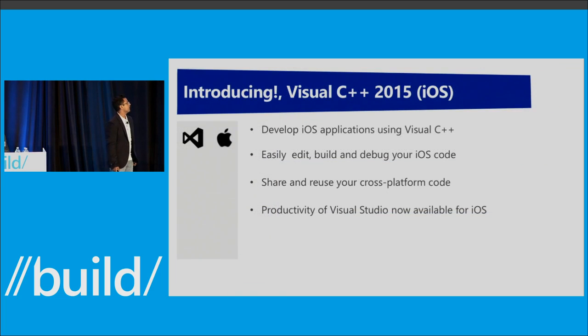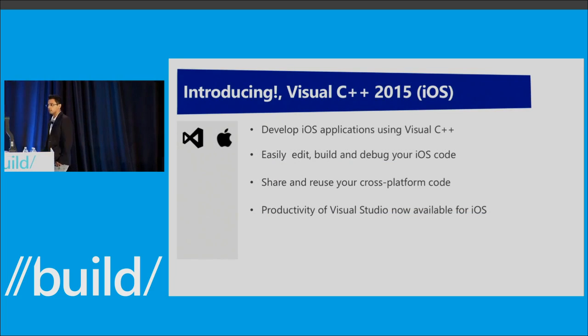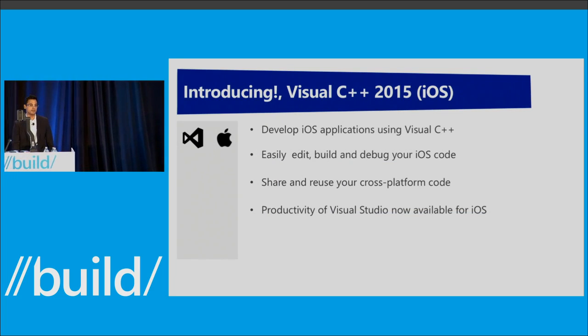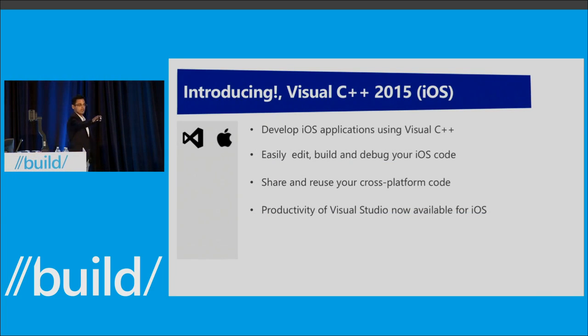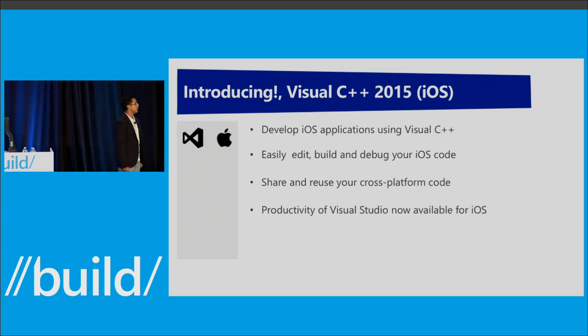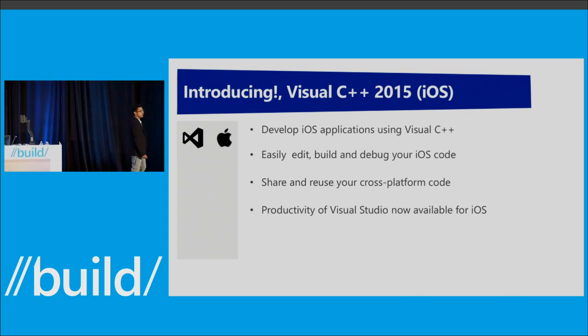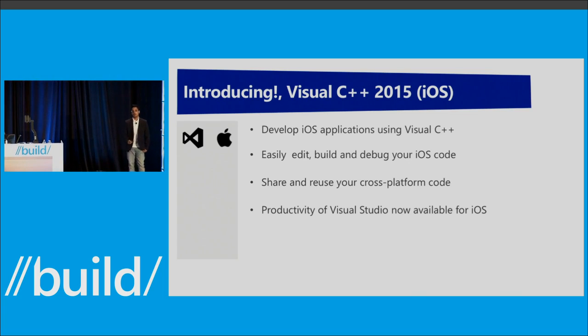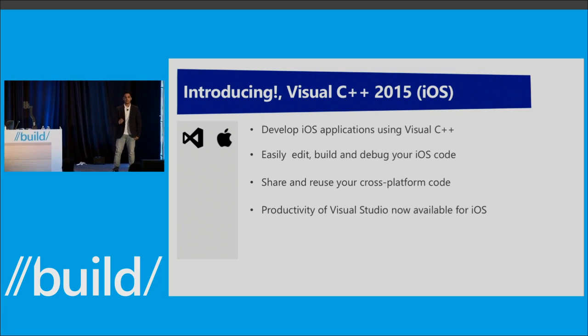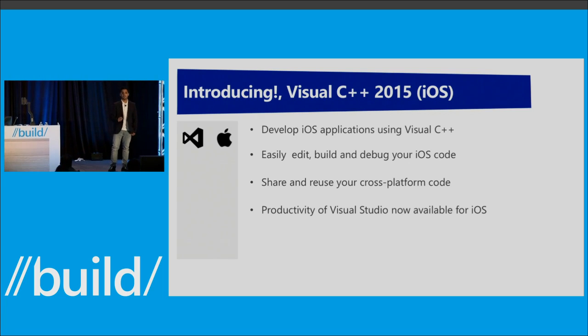Something else that I want to share with you guys today is a new announcement that we're making with Visual C++ 2015. There were folks in the back of the room asking me questions about iOS earlier. Starting with the 2015 RC build, developers will also be able to leverage our toolchain in Visual C++ to target and build iOS binaries and iOS applications that you can debug and deploy to your device, to the simulator, and so on.